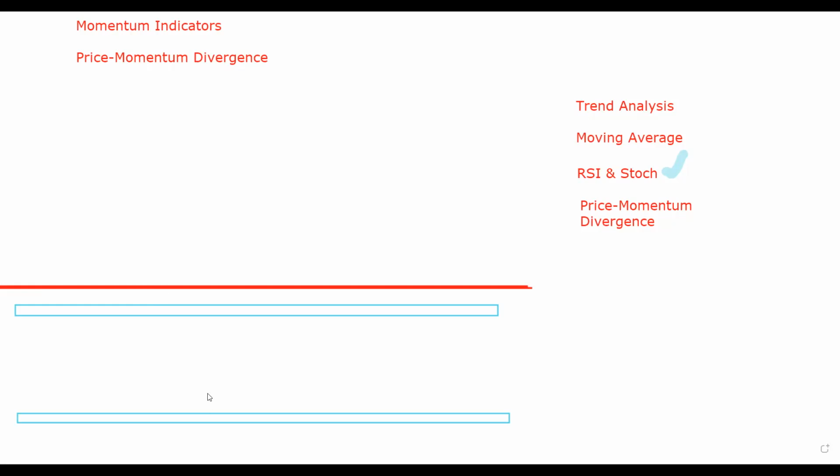Below this demarcation line is the momentum indicator, let's say the RSI. And right here, we have the overbought region for the RSI, just like we said, from 70 to 100. And then we have the oversold region, which is from 30 down to 0, right? And we know that, of course, price goes up and down just within this range. This is how price goes.